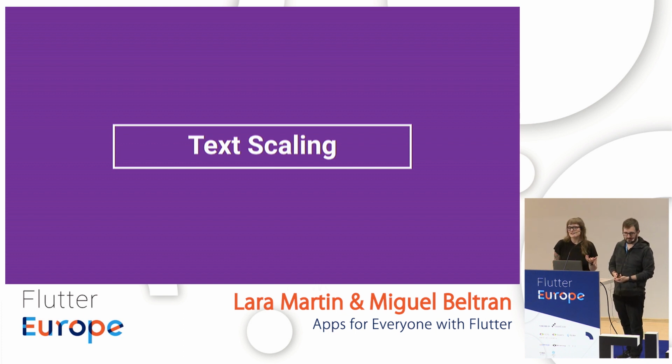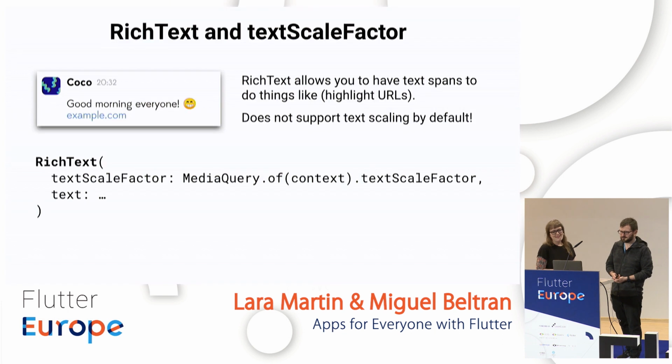Okay, now let's fix the text scaling. RichText is good for text spans, like, for example, highlighting links to URLs, usernames, etc. But RichText does not scale based on the text scaling that the user sets on their settings.